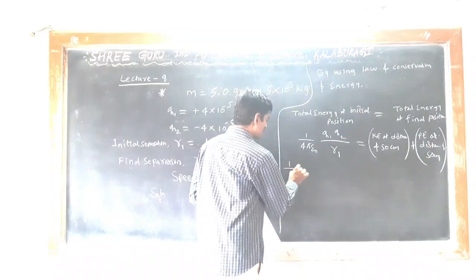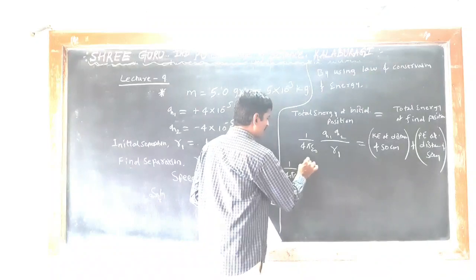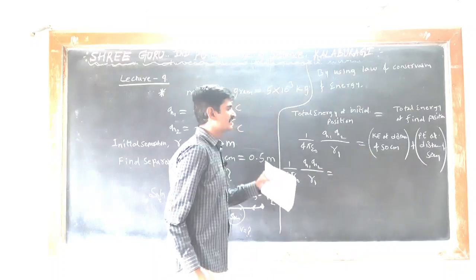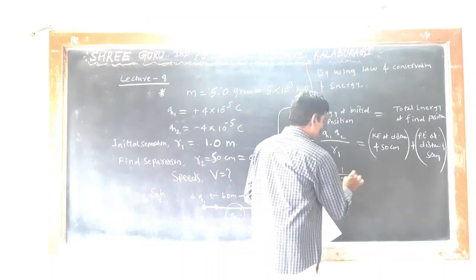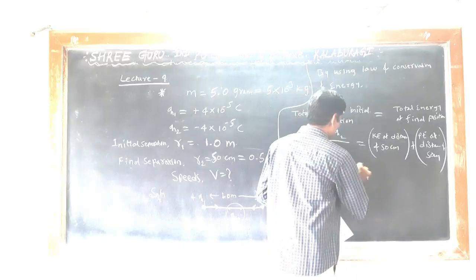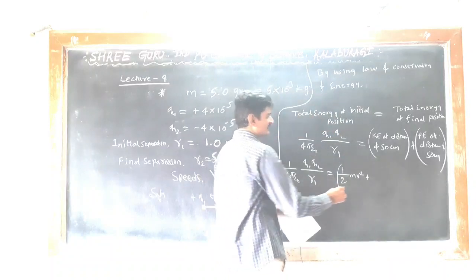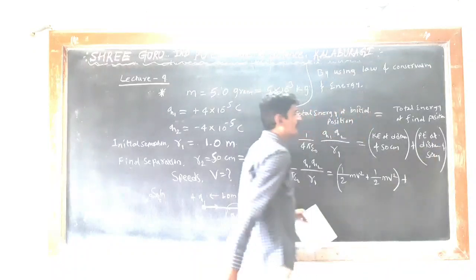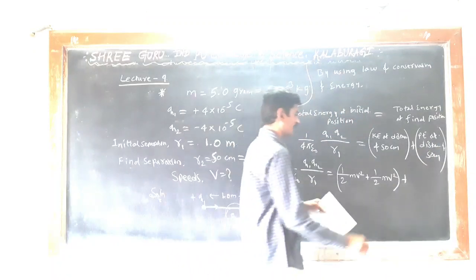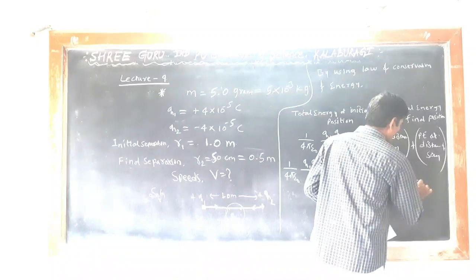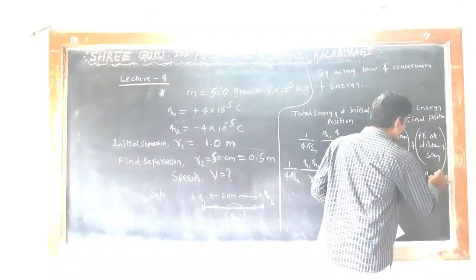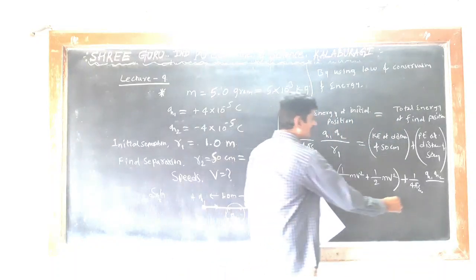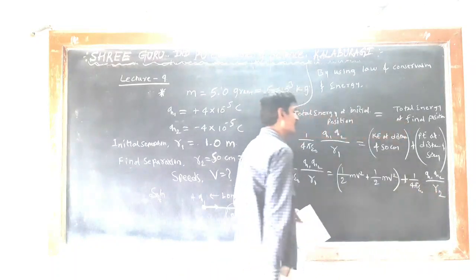So therefore, you can write 1 by 4 pi epsilon naught Q1 Q2 divided by R1 equals kinetic energy of one particle, 1 by 2 mv square, and kinetic energy of another particle, 1 by 2 mv square, plus potential energy at 50 centimeter, that is 1 by 4 pi epsilon naught Q1 Q2 divided by R2. So now simplify this one.